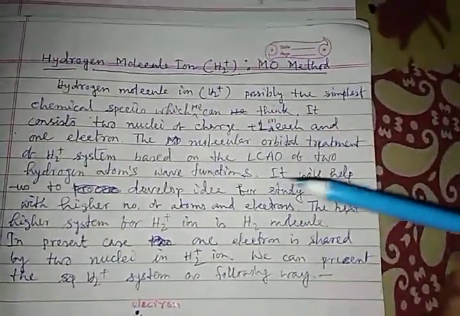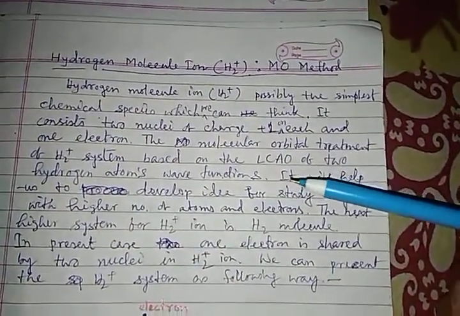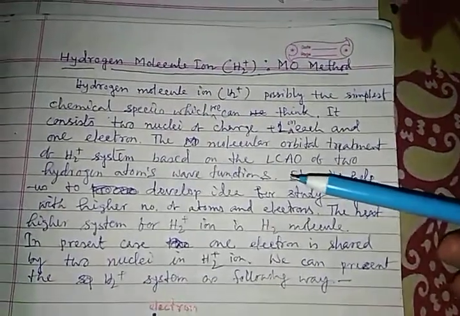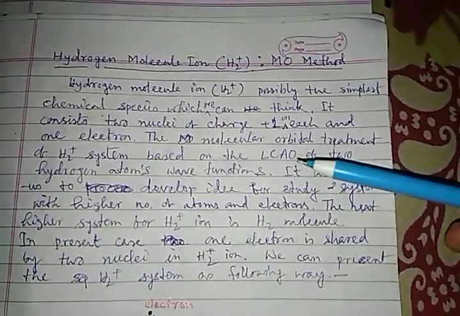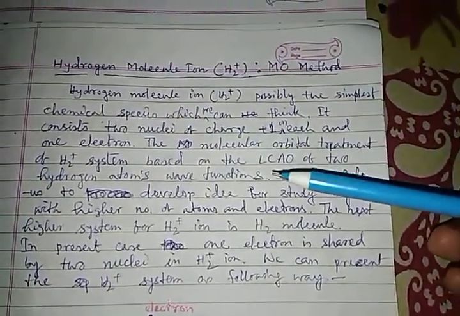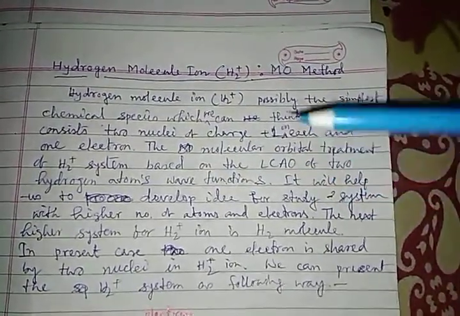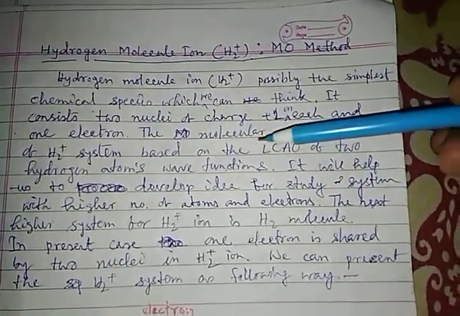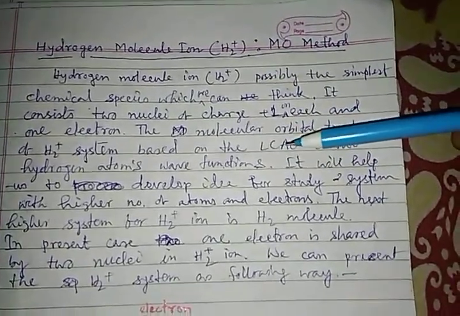Now, from our undergraduate knowledge, when a molecule is formed, it is formed by the linear combination of atomic orbitals of the atoms.